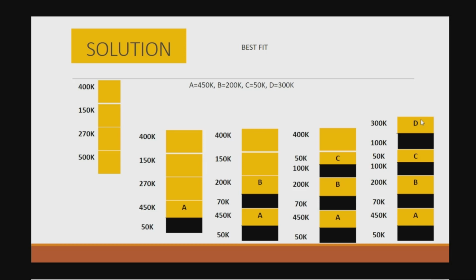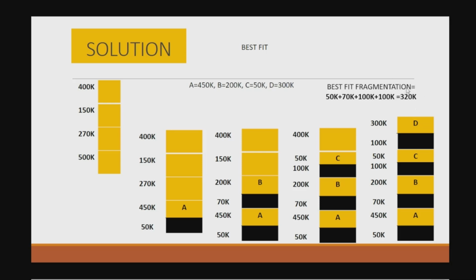So by using the best fit algorithm, all processes can be completed, as there is enough memory or enough space to run those processes. So for the best fit fragmentation, we have 100 here plus 100 here, 200. 200 plus 70, 270. 270 plus 50, 320.